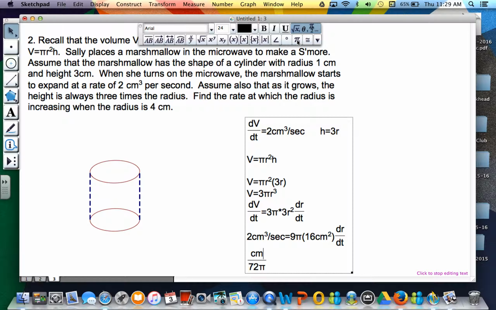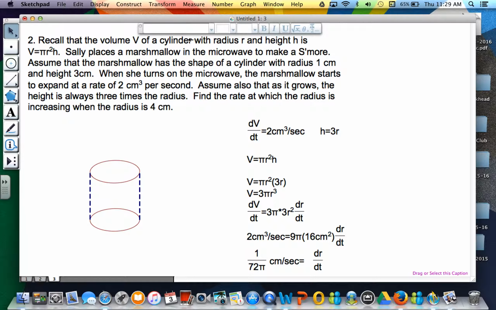And that's going to be 1 over 72 pi centimeters per second. And that makes sense that the change in the radius with respect to time would have units of centimeters per second. So that is the rate at which the radius is increasing when r is equal to 4 centimeters. Hope this is helpful.